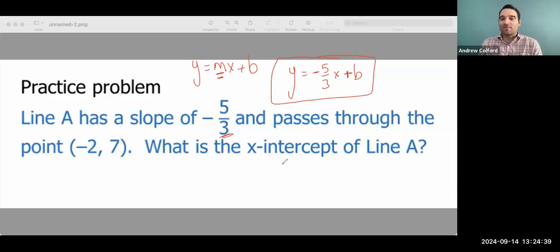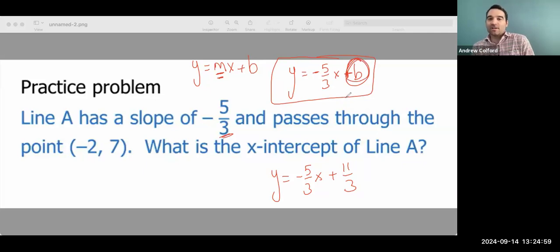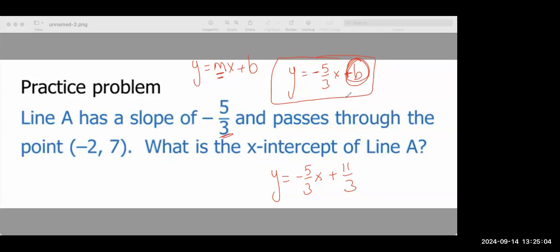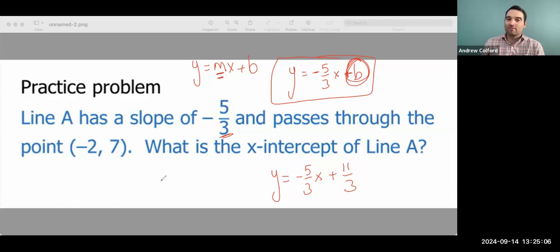So the y-intercept, what did I say? It was 11 over 3. So y equals negative 5/3 x plus 11 over 3. We know what the y-intercept is, at least in this formula. What is the x-intercept, Ellen? When y equals 0. So let's just set y equal to 0. 0 equals negative 5/3 x plus 11/3.